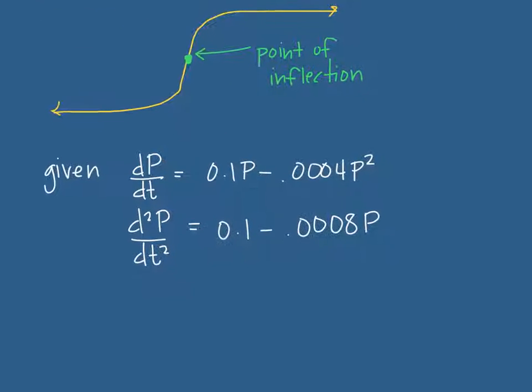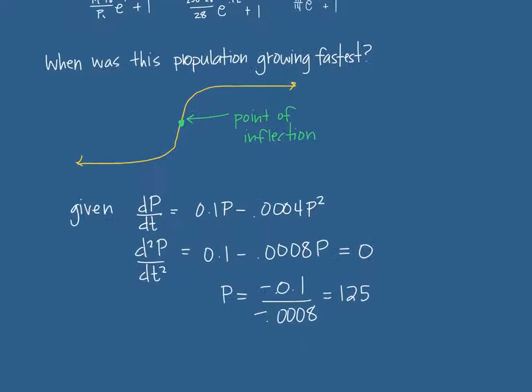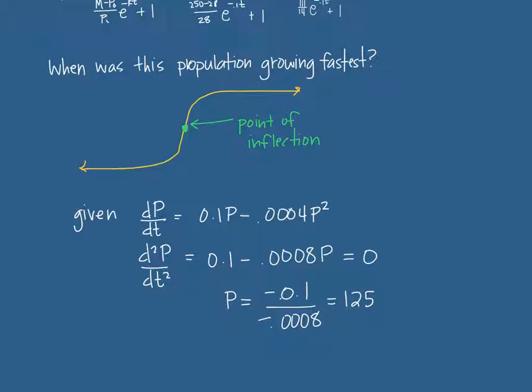And then I set that equal to 0. And so p is equal to negative 0.1 divided by negative 0.0008, which works out to be 125. And so what that tells you is the population was growing the fastest at a population of 125, where the growth of the population was at its greatest. And it's all because of having a point of inflection right there.